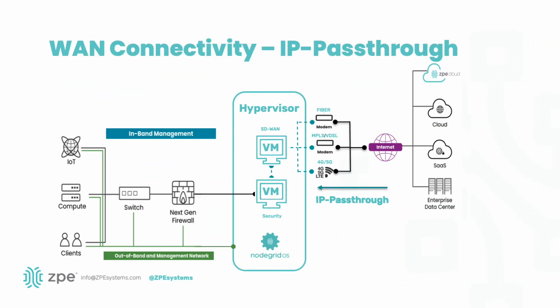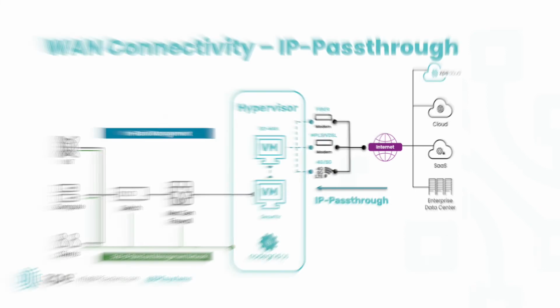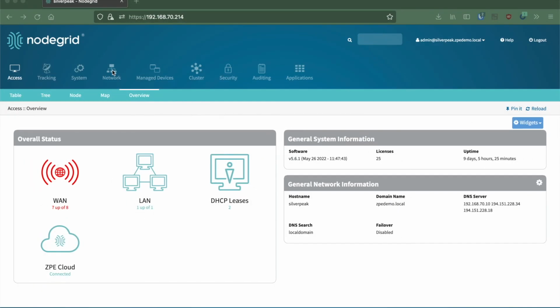With Nodegrid 5.6, you can now use the same capability, the same underlying technology, for all of your WAN interfaces, not only for your 4G, 5G connectivity, but for any fiber connection, Ethernet connection, or MPLS or VDSL connection which is physically terminated on the Nodegrid appliance itself. The setup is exactly the same as it was before.